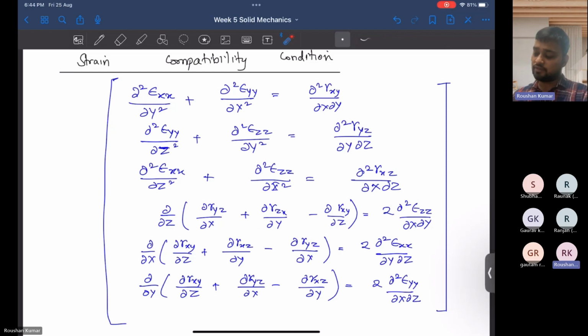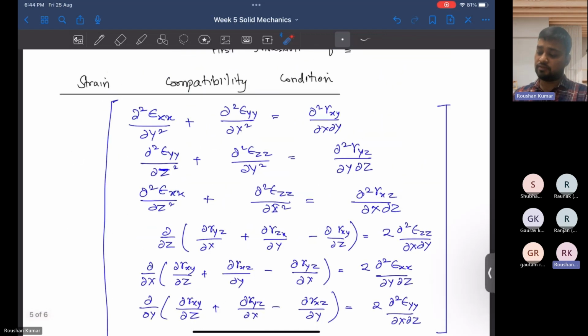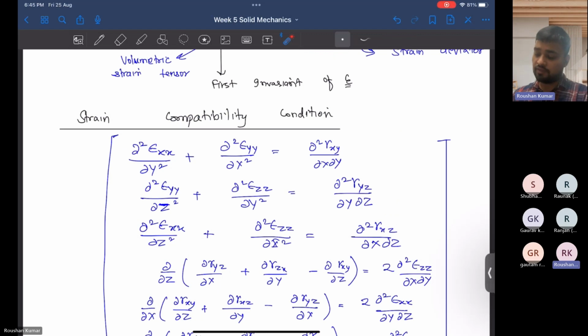So 5 of the 6 equations are already satisfied. The only equation left is the first one, that is del 2 epsilon xx upon del y square plus del 2 epsilon yy upon del x square is equal to del 2 gamma xy upon del x del y.